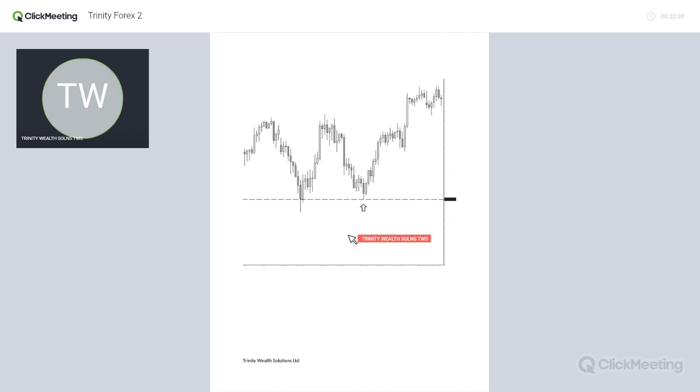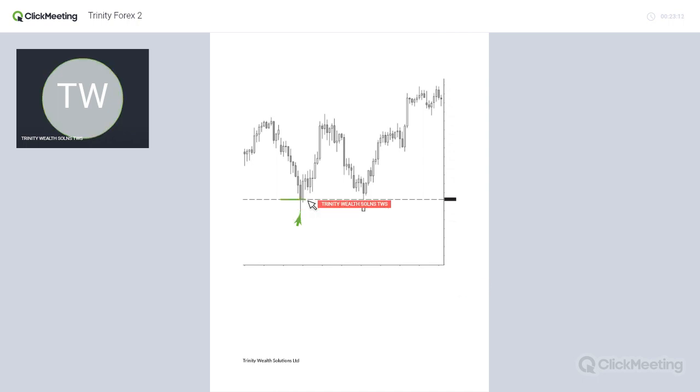As you can see, there we have a double bottom. The first bottom touches the line of support. It fully touches the line of support around here. This is our first bottom, in line with support.